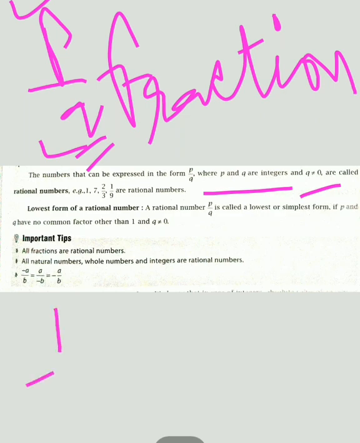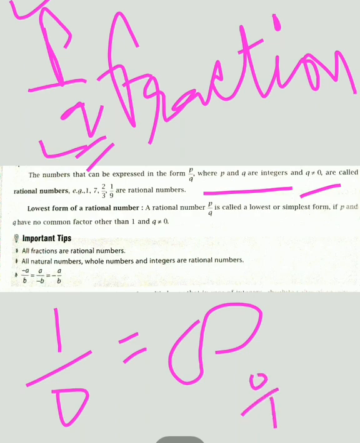Suppose we write 1 upon 0, it is not a rational number because 1 upon 0 is infinite. 0 upon 1 can be a rational number because the denominator is not 0. Okay, but 1 upon 0 will not be a rational number.